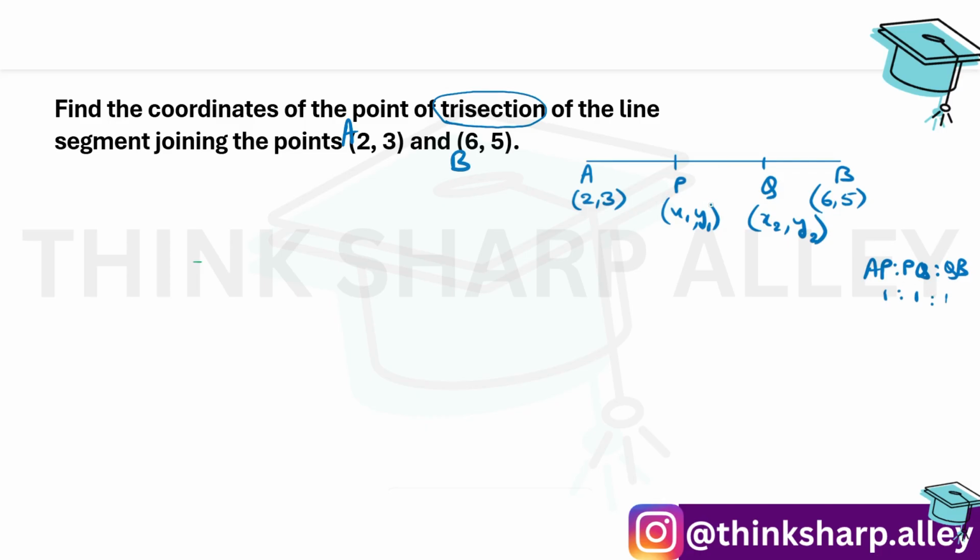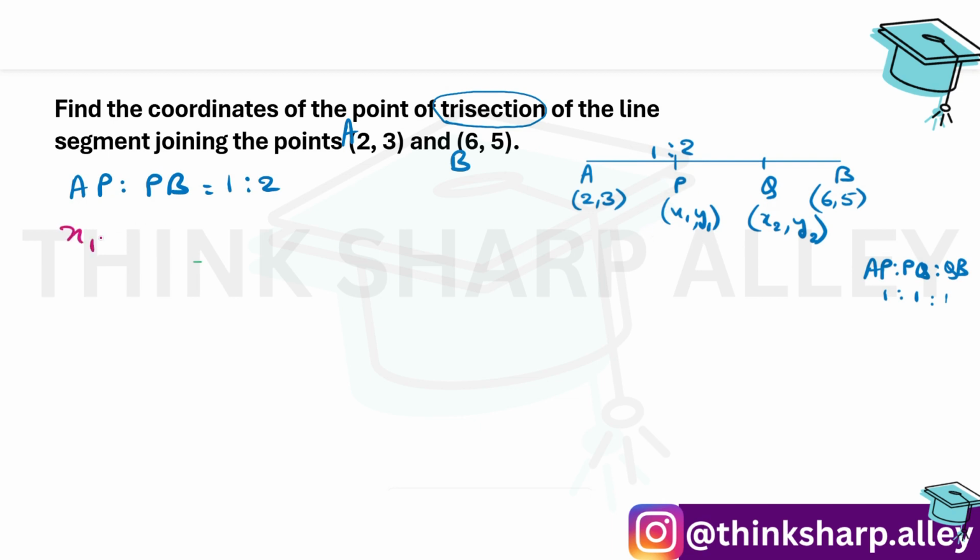But to find the coordinate of P, I need the ratio AP is to PB, which is equal to 1 is to these 2 parts, so 1 is to 2. So the ratio over here becomes, for P, 1 is to 2. By using the section formula, we can find out the coordinates of P.